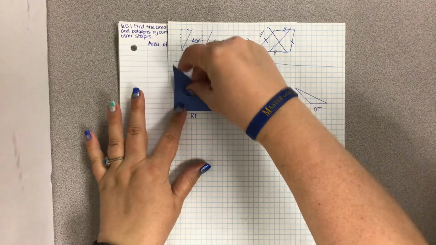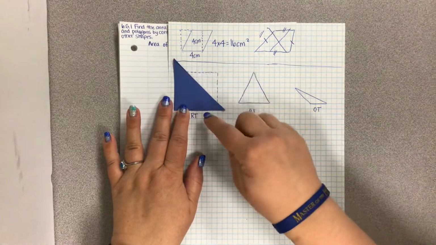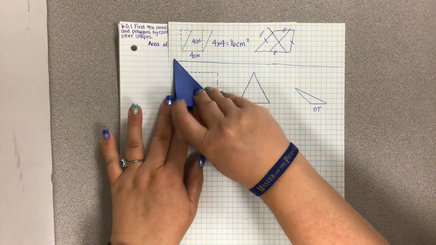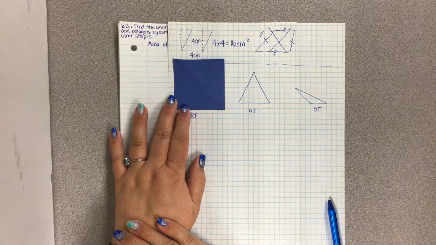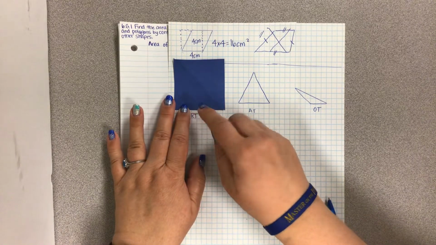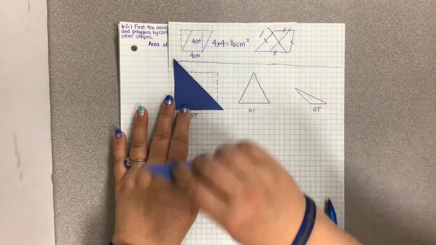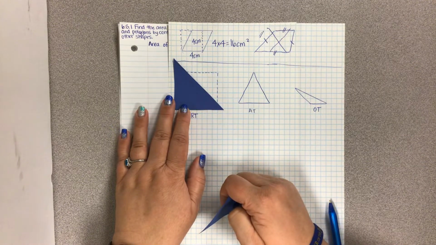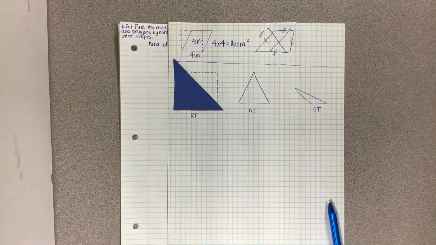Here's that right triangle, okay? If I were to use base times height, I would get the area of this whole square, okay? So here would be the whole square. Now, I don't want the area of the whole square. I just want the area of the right triangle. So if I literally chop that in half, based on the formula I gave you, I would just end up with the area of the triangle, okay? So that is for a right triangle.